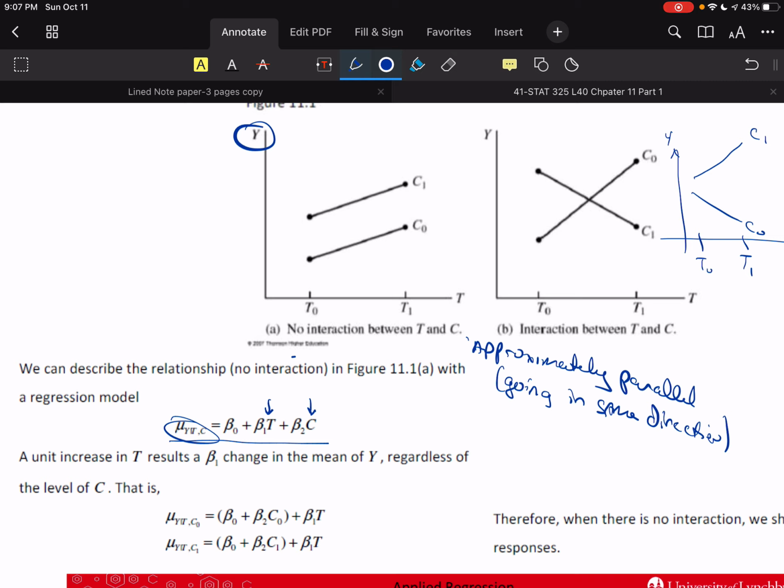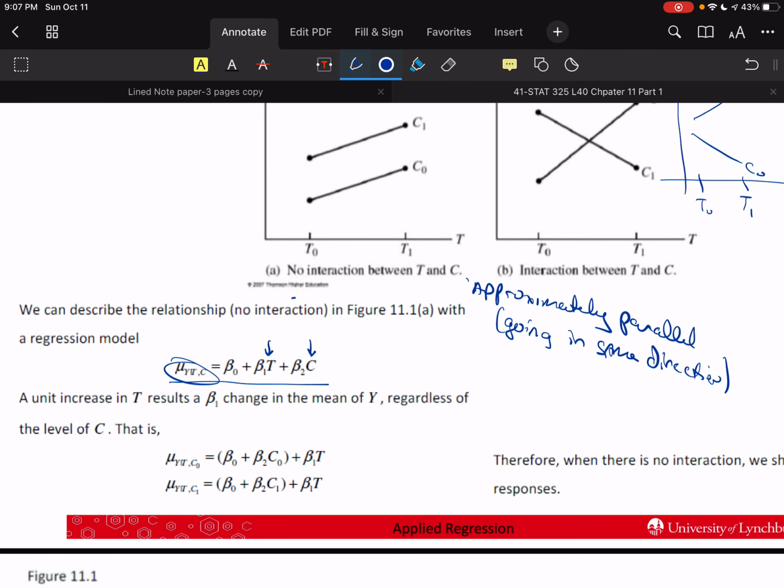We often talk about the slope beta 1, the change in the mean value of y at whatever level of c. So we choose a level of c, let's say C0, and we have beta naught plus beta 2 c0 plus beta 1 t. Then for the same model, c is now C1.